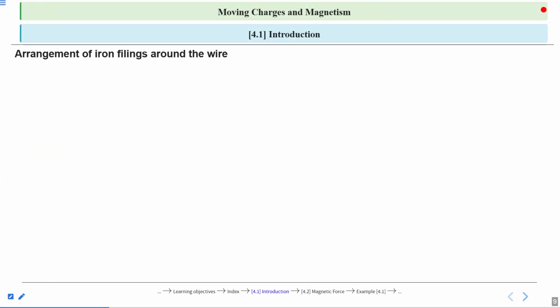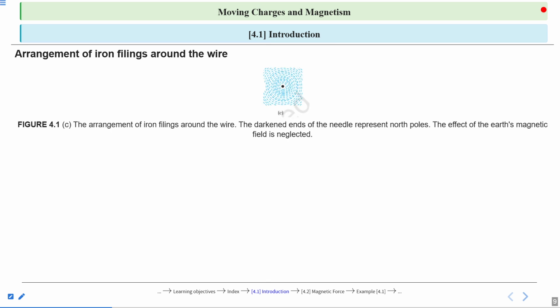Okay, arrangement of iron filings around the wire. So this is the C diagram of figure 4.1. The arrangement of iron filings. What are iron filings? Iron filings are residual iron powder, or very small components or waste of iron from many processes.